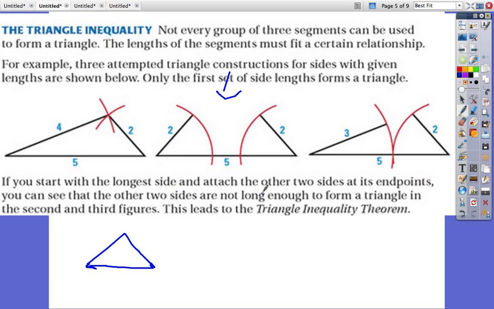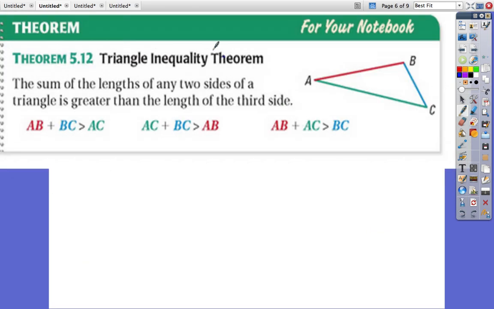Now, this leads to the triangle inequality theorem. We're going to go ahead and read that official theorem. The triangle inequality theorem says that the sum of the lengths of any 2 sides of a triangle is greater than the length of the third side. So side length AB plus BC has to be greater than AC for a triangle to form.